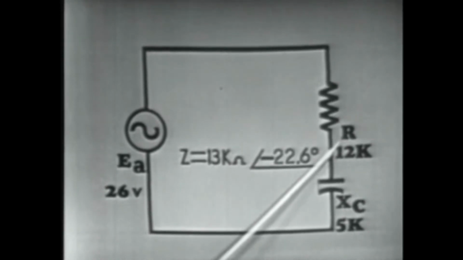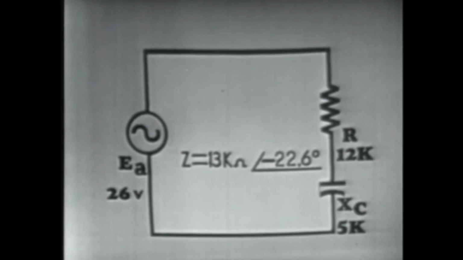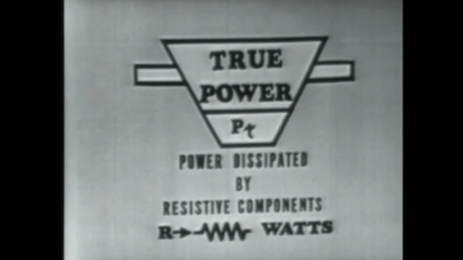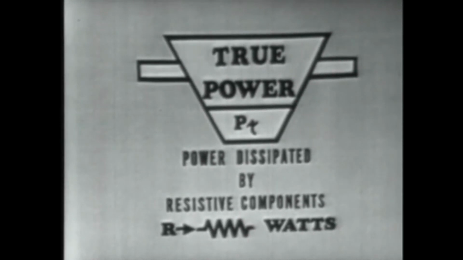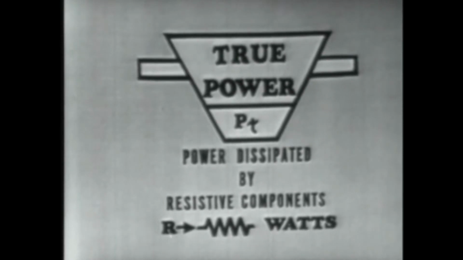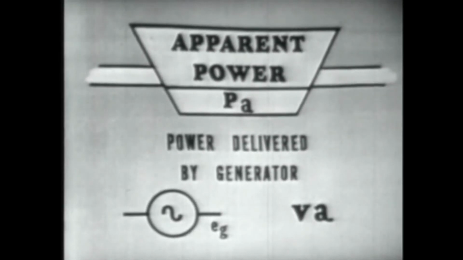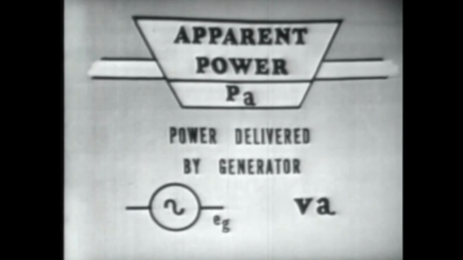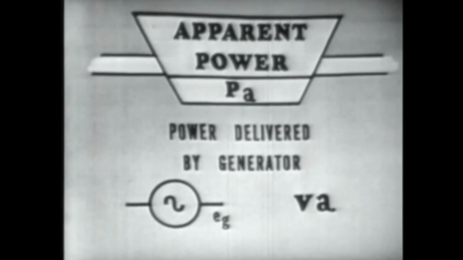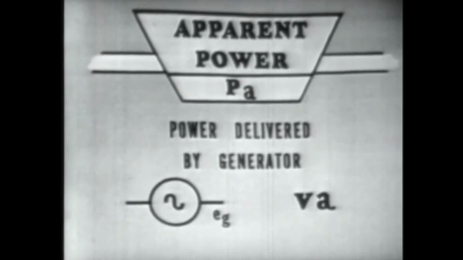First of all, we call this true power, or PT, and as we said, this is the power dissipated by resistive components and is measured in watts. The other power, or apparent power, PA, is the power delivered by the generator to the circuit and is measured in volt amperes, or VA.